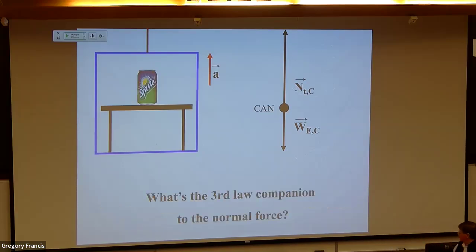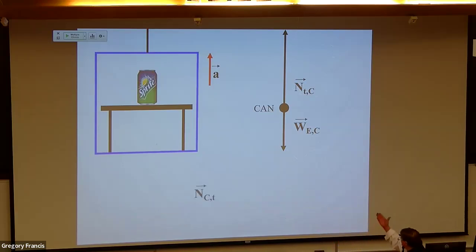What is the third law companion to that normal force? What would it be? Right, normal force. If that's a normal force, this has to be a normal force. Instead of the table on the can, it's the can on the table. What free body diagram would I find that on, good sir? Which free body diagram would I find this force on?